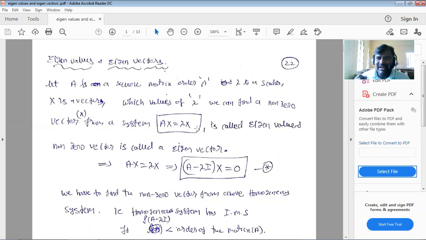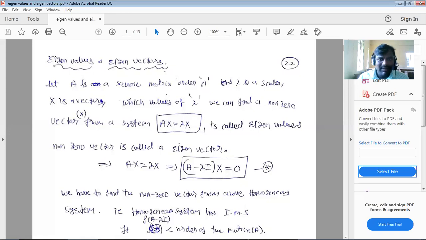A solution is something satisfying the given system. Therefore, x equals 0 is always an eigenvector, but you are searching for a non-zero vector, other than the zero vector, the self-transformation vectors that you have to find.